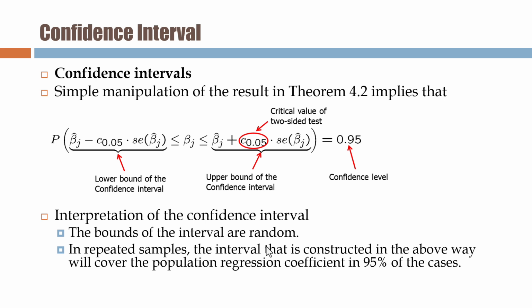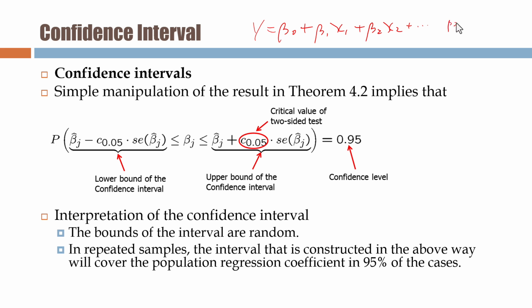Confidence interval. Again, what we got, beta hat, is from the sample, but what we want to find is the population. The population model is y equals beta 0 plus beta 1 x1 plus beta 2 x2.